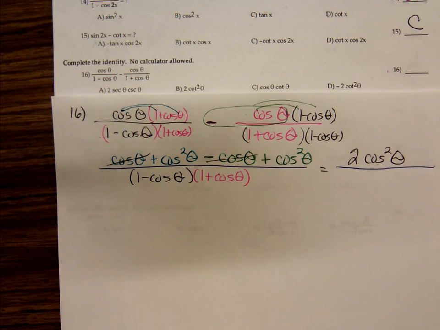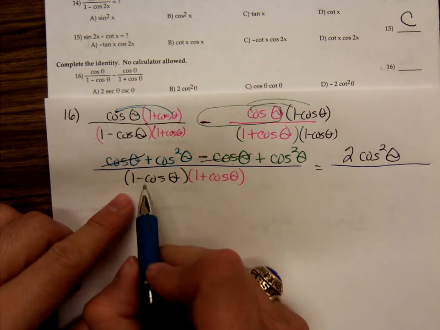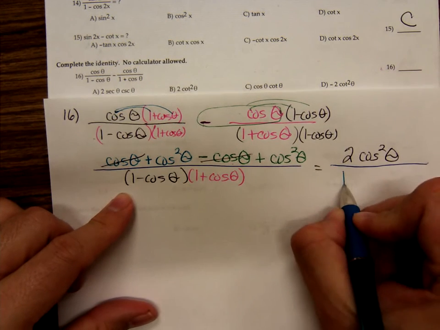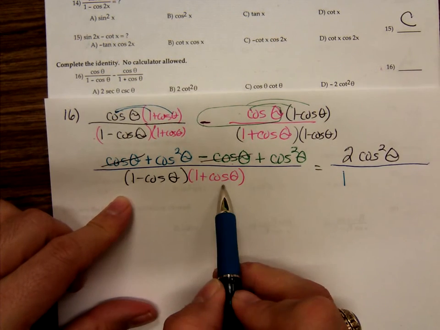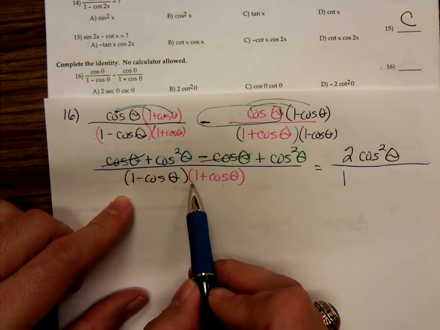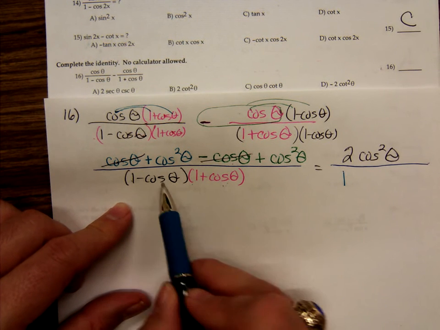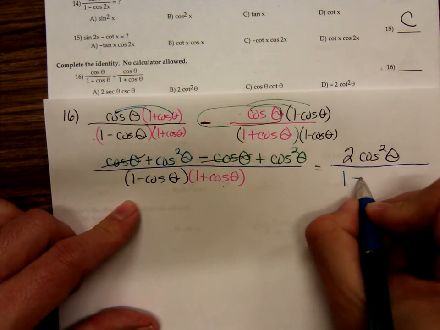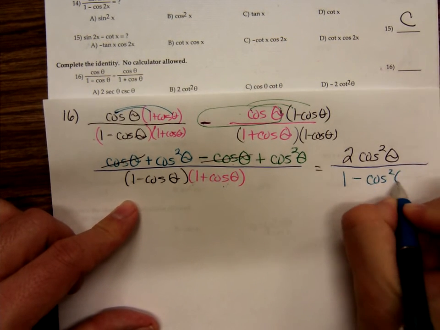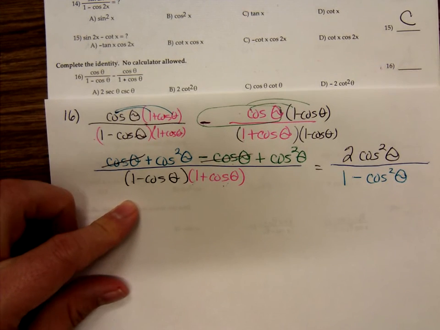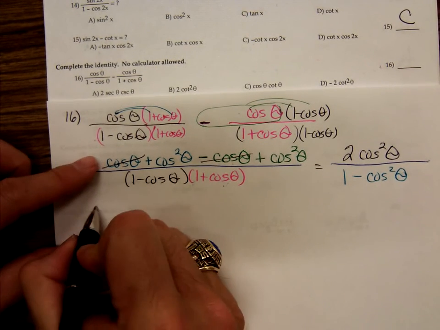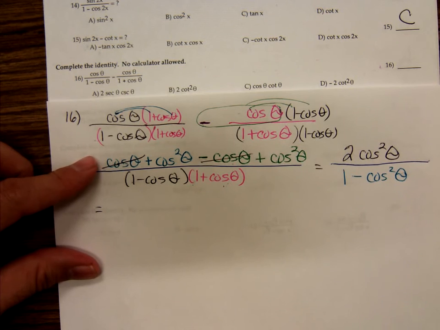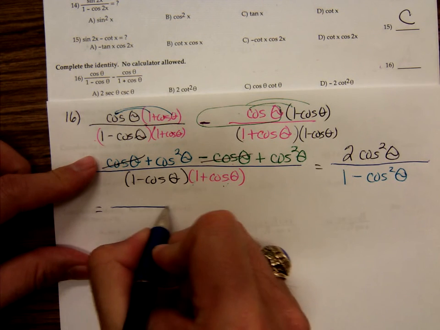And what about the bottom? Well, let's FOIL this out. We'd have a 1. Now the outer and inner are subtracting out, right? We'd have a 1 cosine theta minus 1 cosine theta. So just a 1 minus cosine square theta. Hopefully at this stage you recognize that. That's why you were supposed to memorize these identities so long ago.